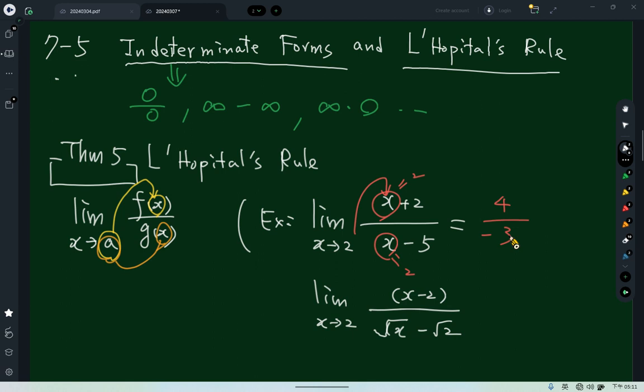If I simply replace x by 2 here, you will find it is 0 over 0, right? But luckily for this one, we can still get its limit because we can factorize it, cancel part of it, and then get the result. But for most indeterminate forms, it's not that easy to get the result.